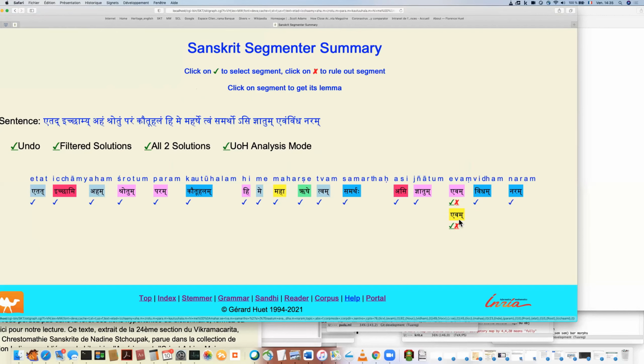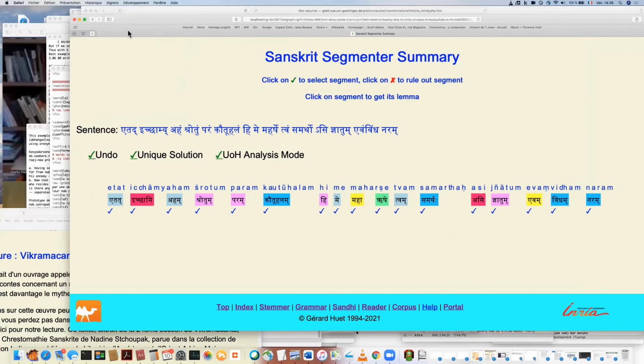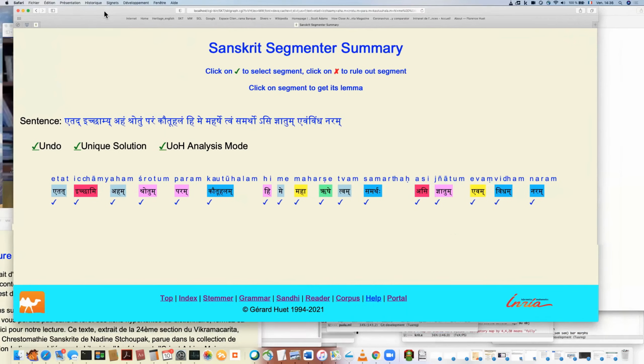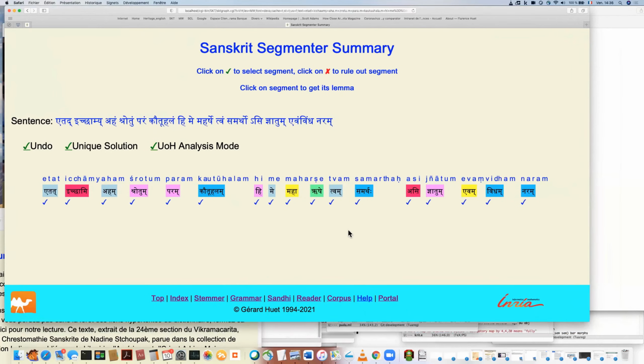I'm not sure about this one. Okay, so here you have your segmentation. See, this sentence came out of nowhere. So the sentences don't have to be picked from my little corpus site. You can pick it up on the giant Gretel repository.